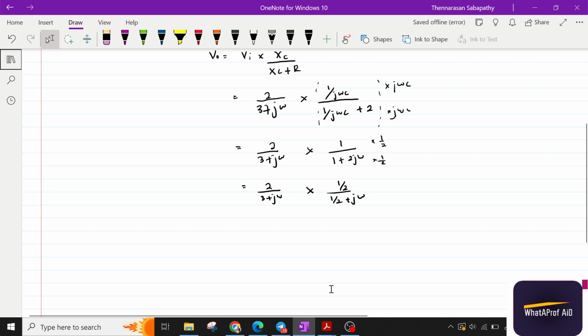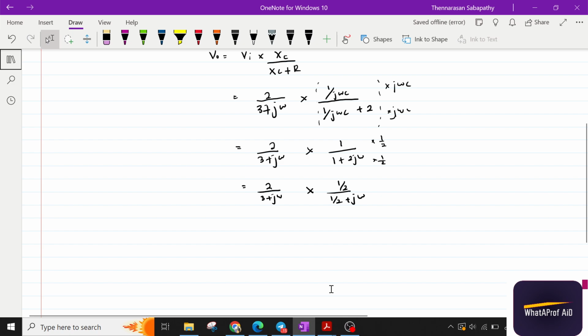Then what we can do is use the partial fraction to get the final answer. So here you will have 1 over 3 plus j omega and here you have half plus j omega.